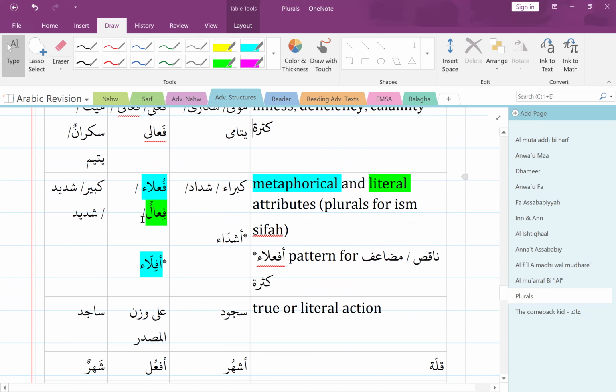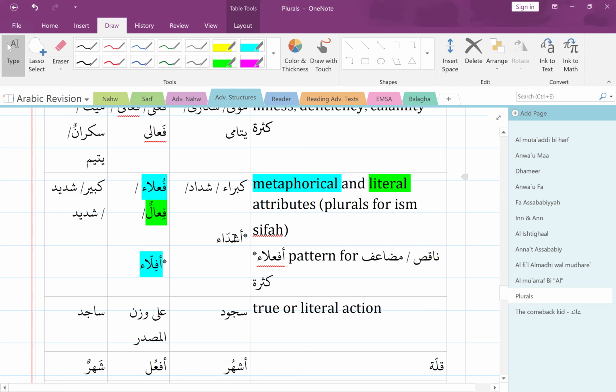So you have kubara and also kibar. And if it has the same root letters at the end, if it's muda'af, we talked about this, like shadid, you will have the pattern ashidda'u, af'ila'u, this kind of pattern, so it keeps on repeating. Ashidda'u is also a pattern.